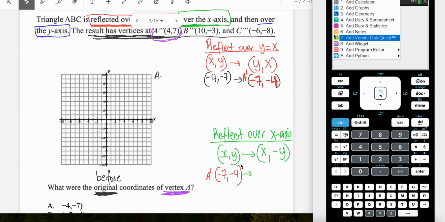Now, when you reflect this over the x-axis, the x remains the same. So I'm going to have -7. So the x is the same. And then the y, you change the sign. So it was -4. It's going to become +4. Oh, sorry. The y is the same.